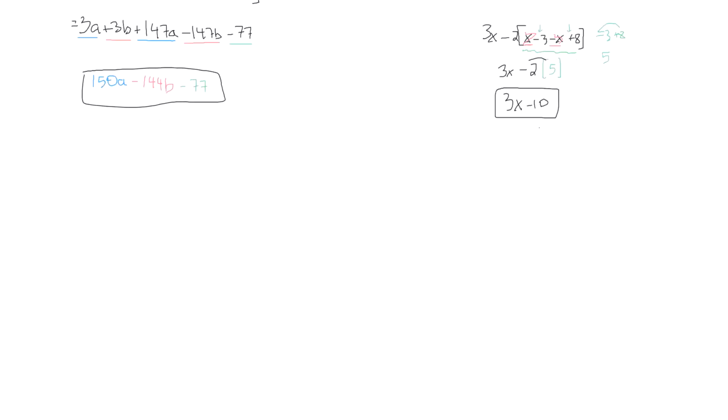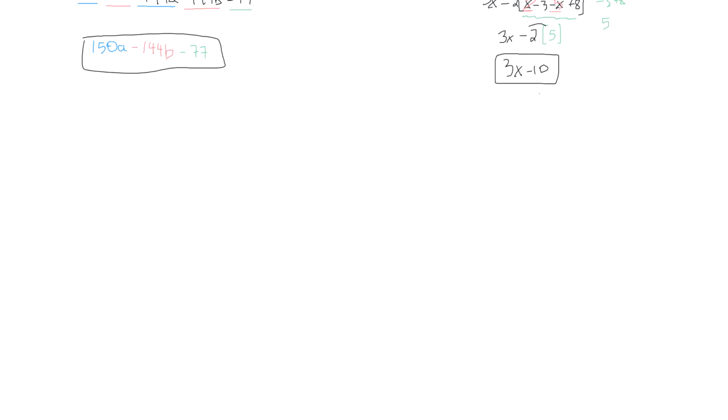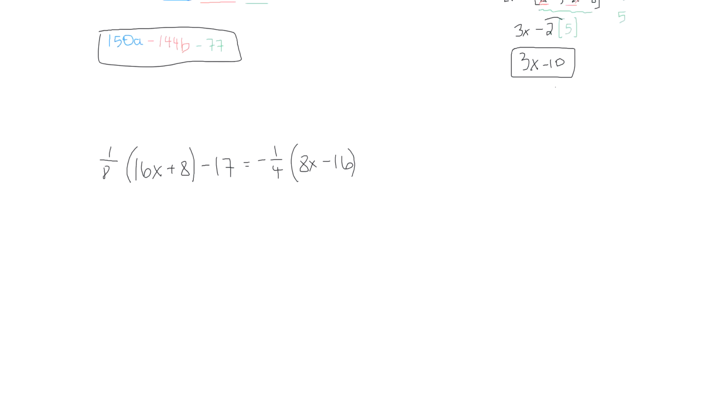Let me just do one more. So I have 1/8 times 16x plus 8 minus 17 equals minus 1/4 times 8x minus 16.